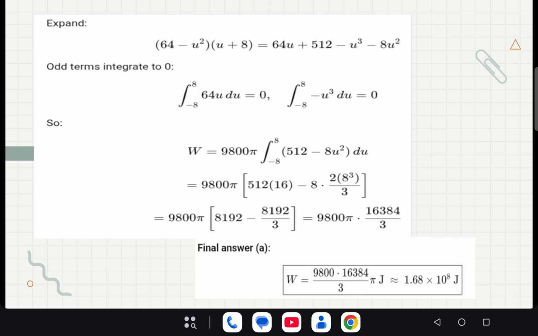So the final answer in A: the work equals 9,800 times 16,384 divided by 3 pi joules, which is approximately 1.68 times 10 raised to the power of 8 joules.